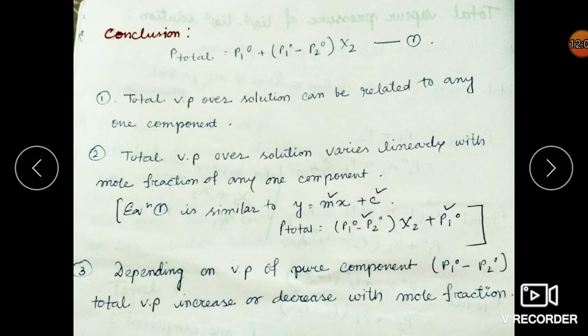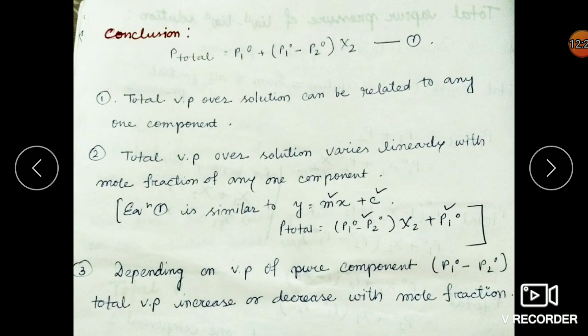So what you can say is that P total, that is total vapor pressure over a solution, varies linearly with the mole fraction of any one of the components. So that is our second conclusion.